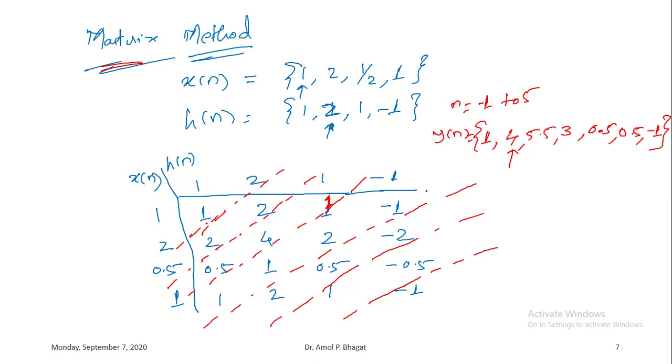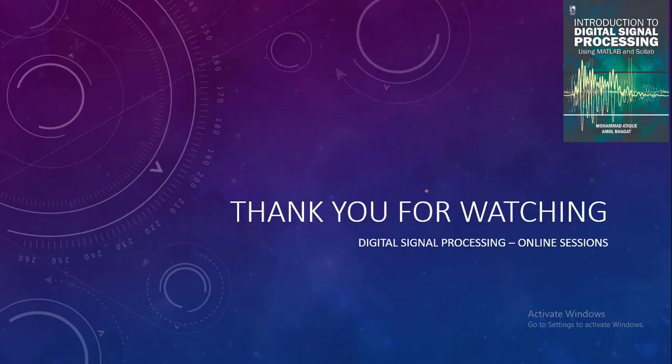In the next session we'll be discussing the mathematical method, which is simply using the formula, substituting various values of n and k in the given convolution formula. So out of these four methods, you can use any method for identifying the response of the system, and for examination purposes, depending on how many marks there are, you can use the selected method.